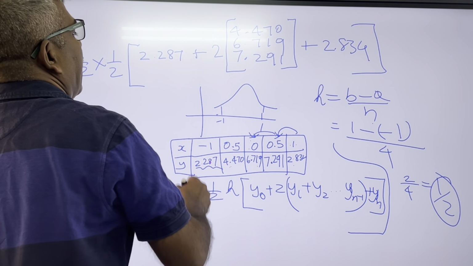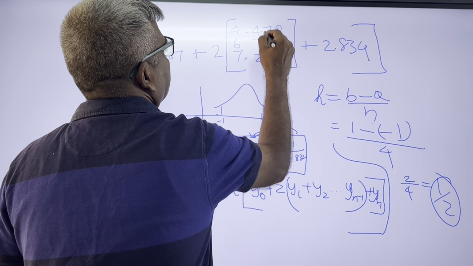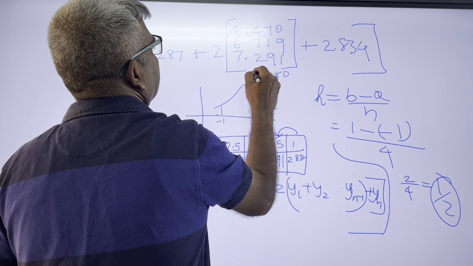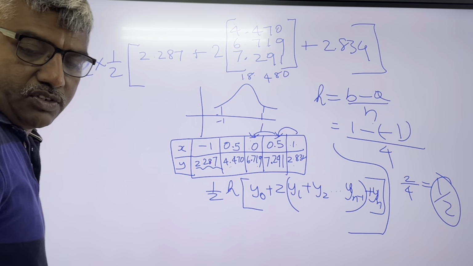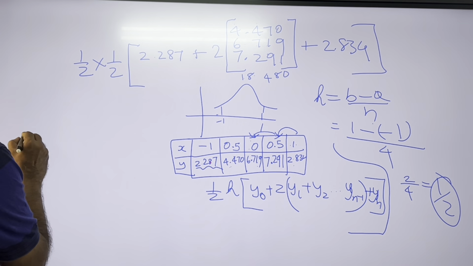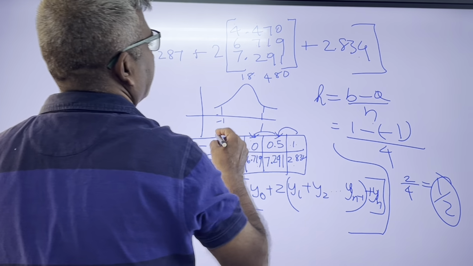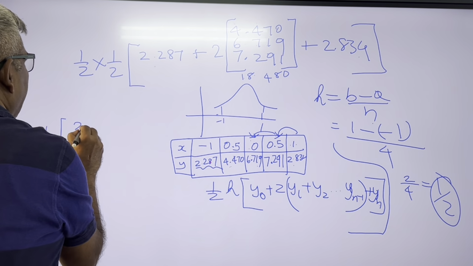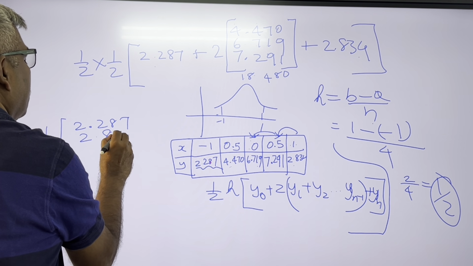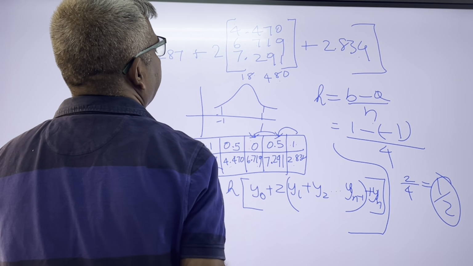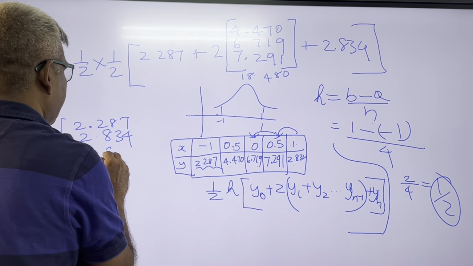Okay, now add everything. If you add it, it is 18.480. Use the calculator. 1 by 4, 2.287, 2.834, and this one, 2 times 18 is 36.96. You may use the calculator.